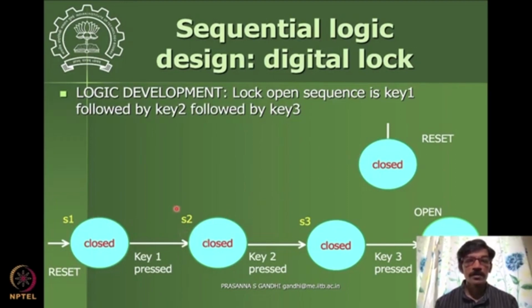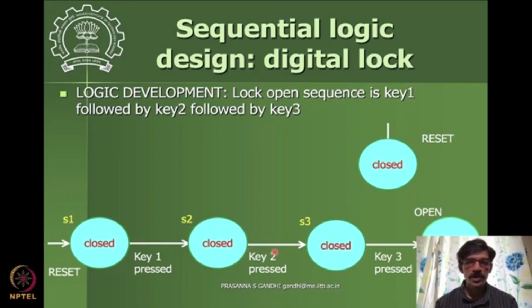Then, when the system is in state 2 and the person presses key 2, which is again the right key, I move to the next state 3. Otherwise, if the key is not correct, I'll go back to the reset state.